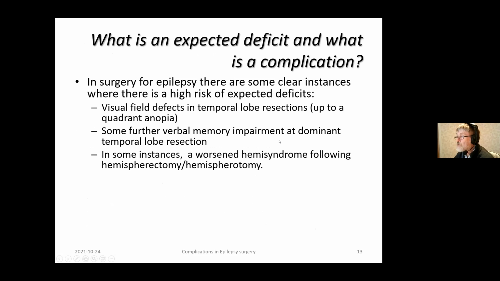So in surgery for epilepsy, there are some clear instances where there is a high risk of an expected deficit. You can have a visual field defect in temporal lobe resection, up to equivalent anopia.